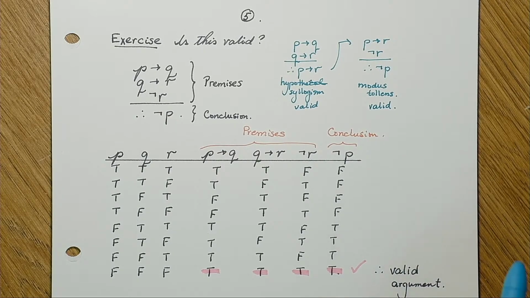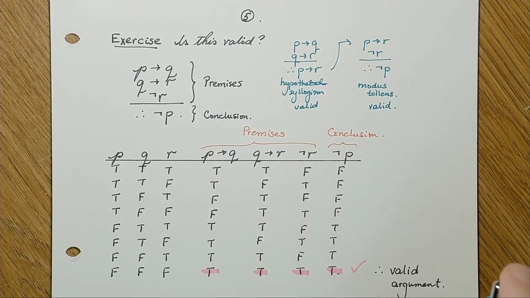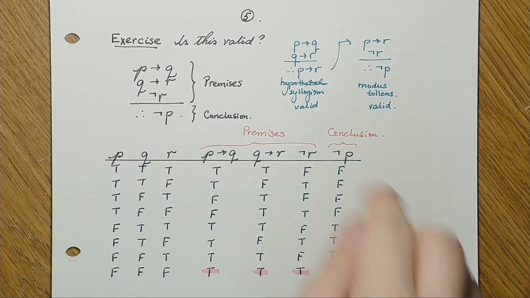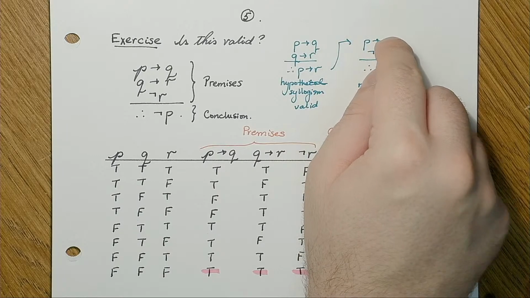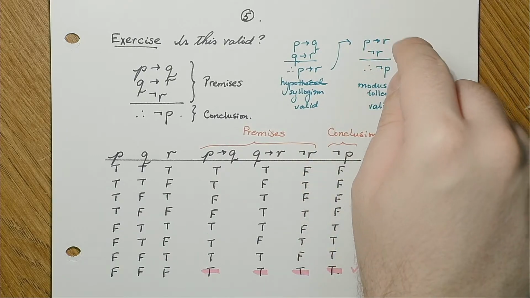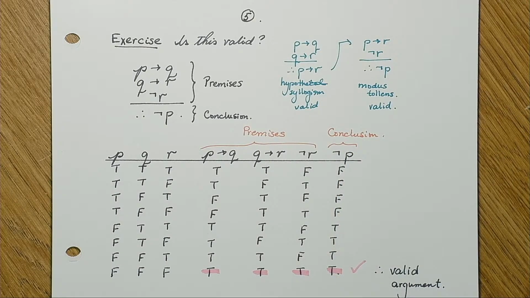So the idea is that if you're passing one valid argument into another, it's okay. Because if these are true, this will be true as well, and that's getting passed in. And this argument will be generating a true conclusion as well. So we're safe.